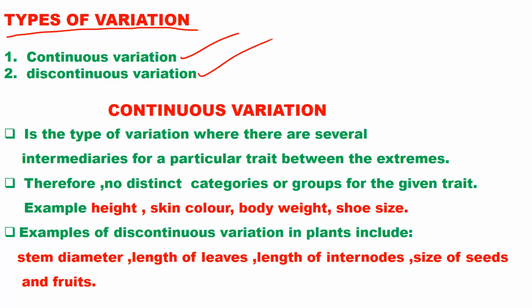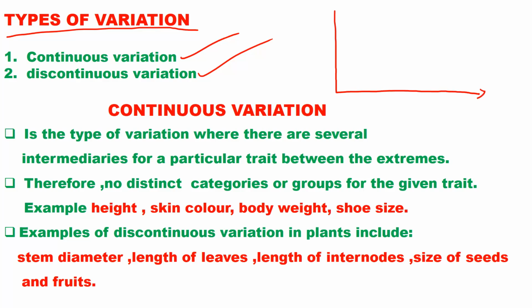Now, to make it easy, we start with continuous variation. This is just a type of variation where there are several intermediaries for the particular trait or characteristic between the extremes, and therefore no distinct categories or groups for the given trait. What it means is there are different intermediaries here.